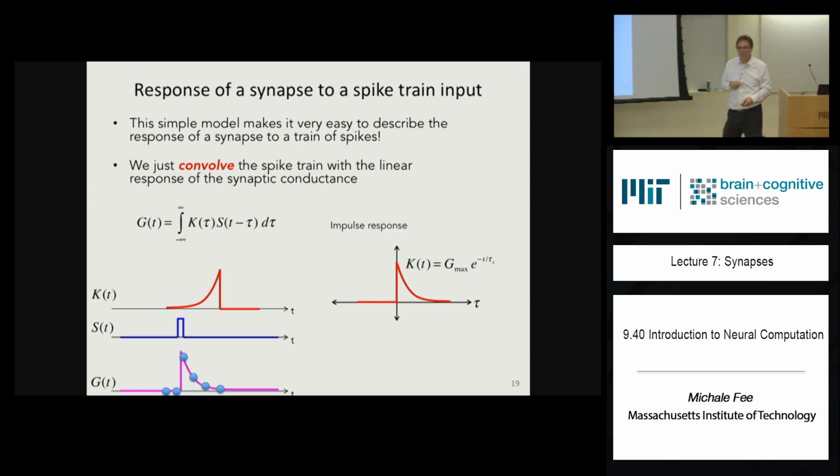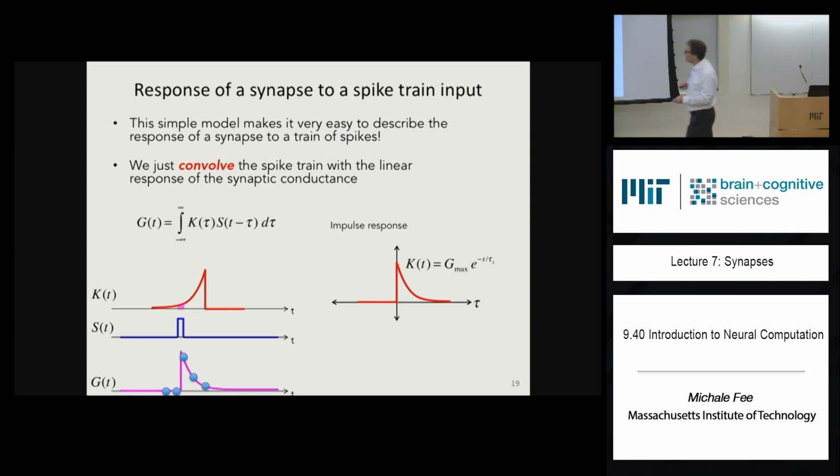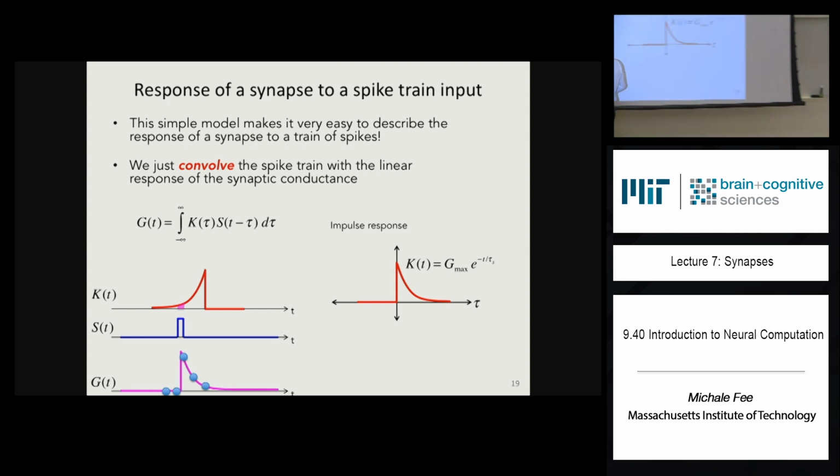Does that make sense? So you can see what I'm doing here is taking the stimulus at time t, and as I integrate over tau, I'm going backwards here, and I'm going forwards here. So starting from here, I'm integrating like this. I'm multiplying these like this, and then integrating.